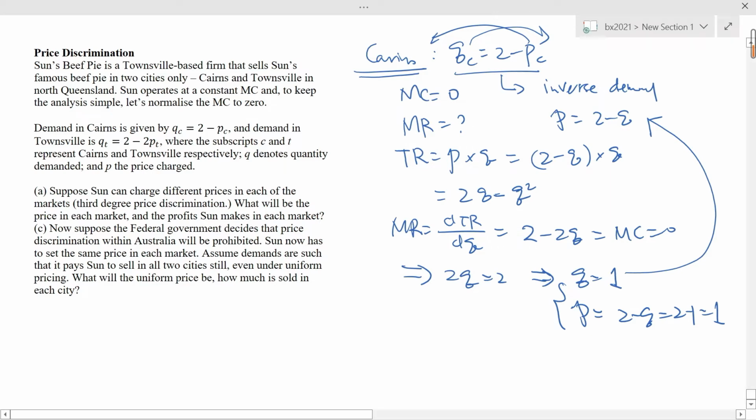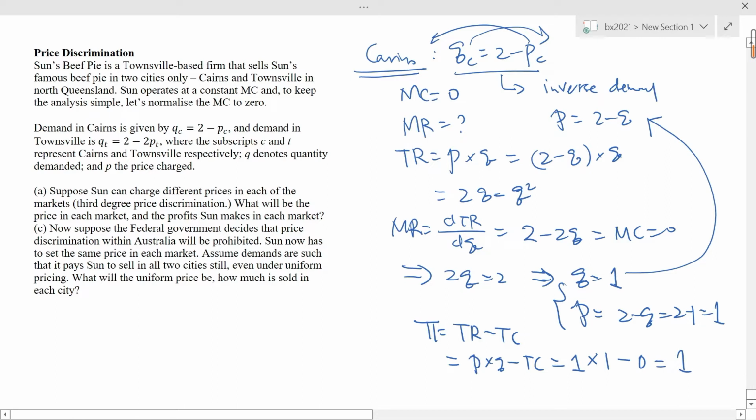The profit is total revenue minus total cost for the firm. Total revenue is price times quantity, minus total cost. Price is 1, quantity is 1, marginal cost is 0, and there's no fixed cost. So the profit is 1.